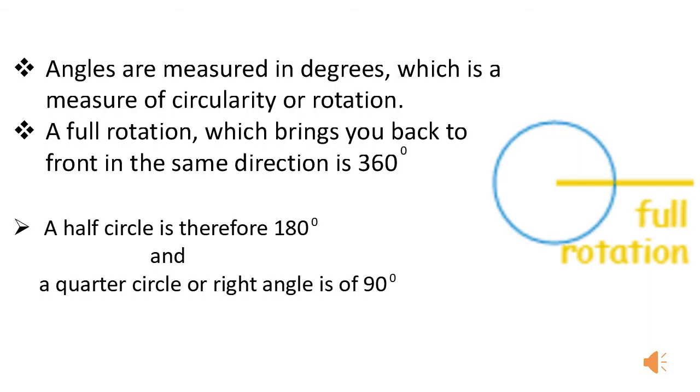It means the half circle is 180 degrees, half of 360, and a quarter circle which you can name as right angle is 90 degrees. 360 divided by 4, quarter. It means 360 is divided into 4 equal parts. So it comes to 90 and it is known as 90-degree or right angle.